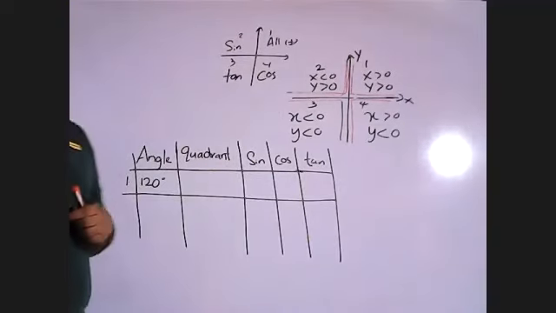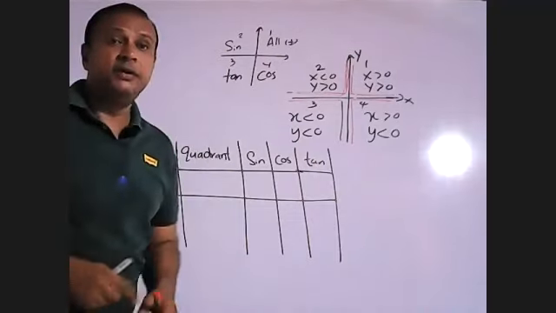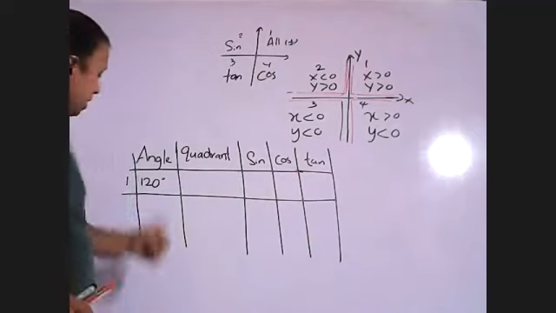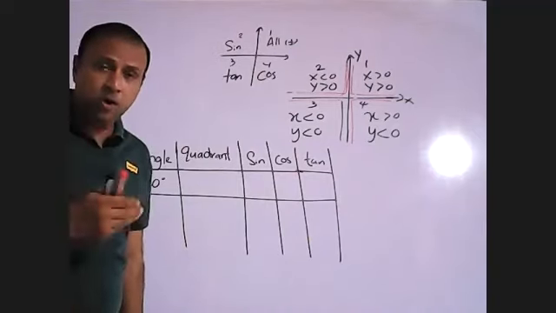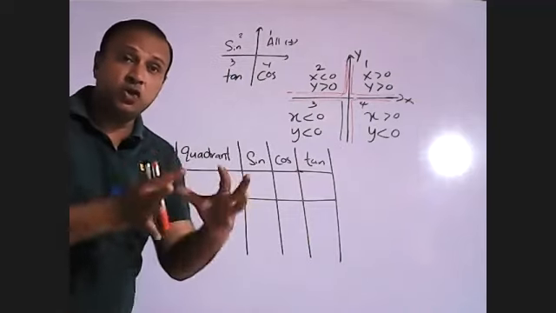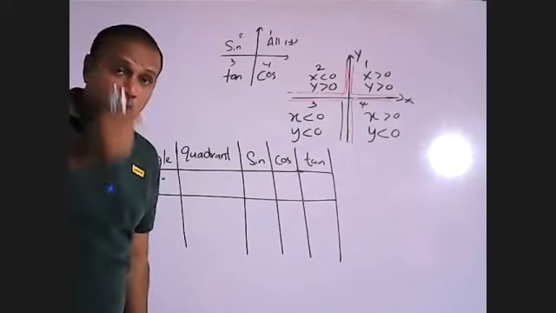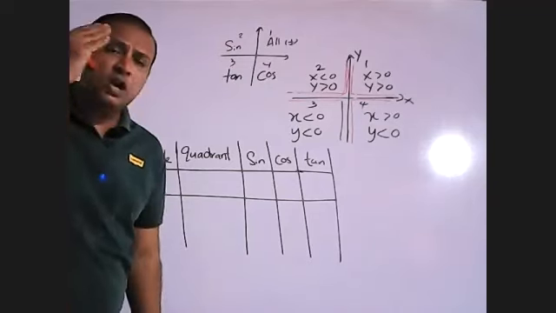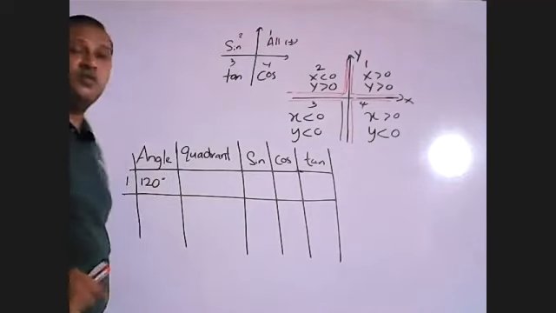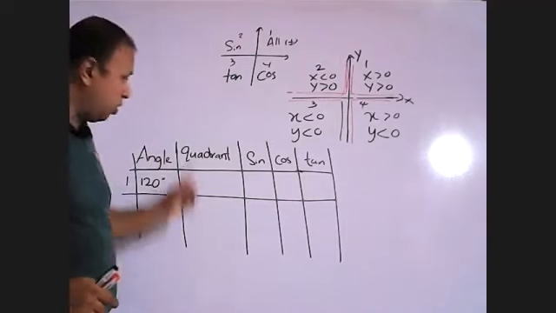Look at this. How to determine the sign of a trigonometric ratio. Suppose you are going to determine trigonometric ratios of 120. The first thing you have to determine is the quadrant of this angle.